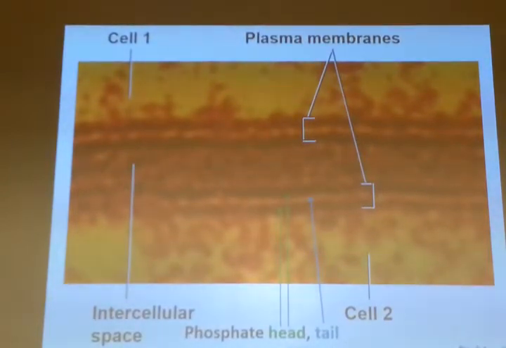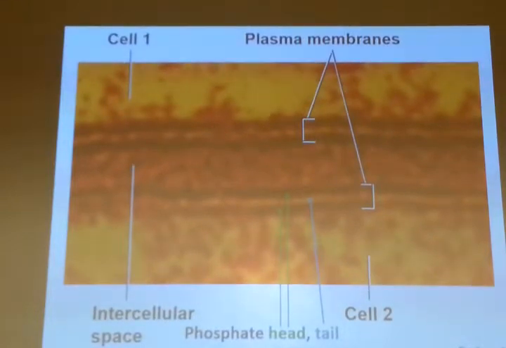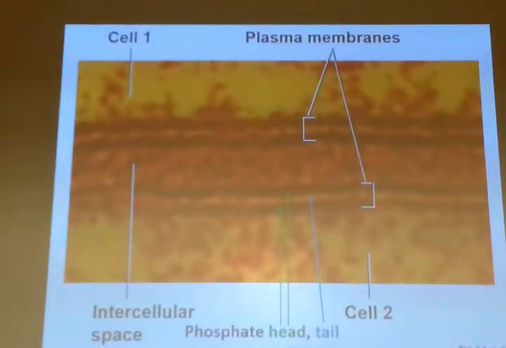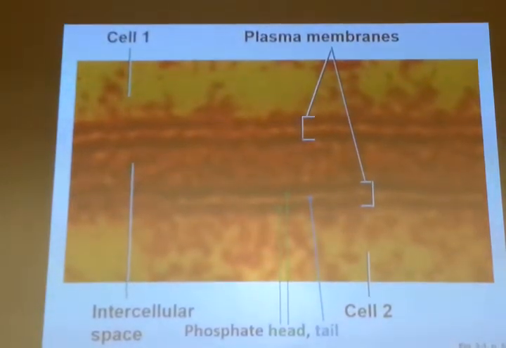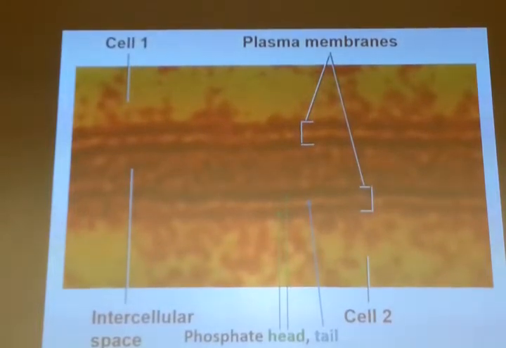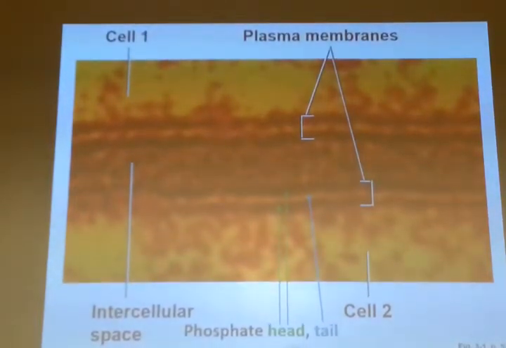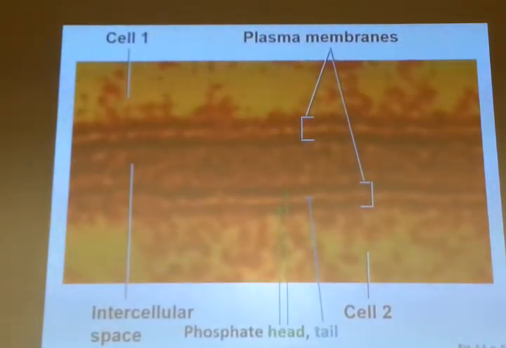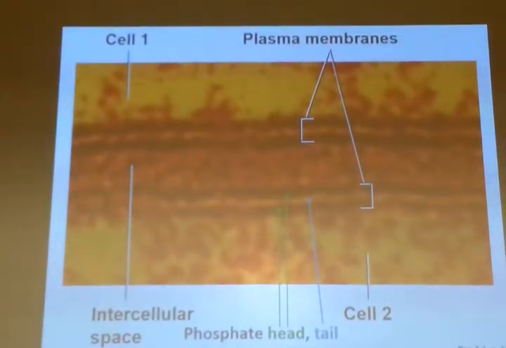High concentration inside, small K plus means low concentration outside. You're also partitioning sodium. Sodium's going to be in high concentration outside, and it's going to be in low concentration inside. So we started partitioning the ions.